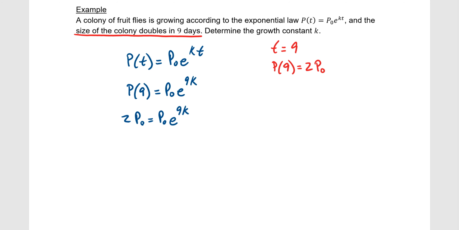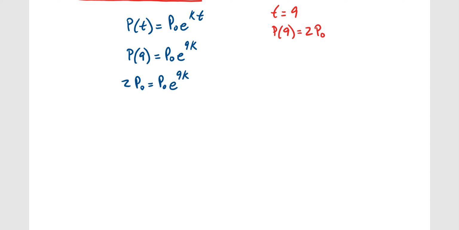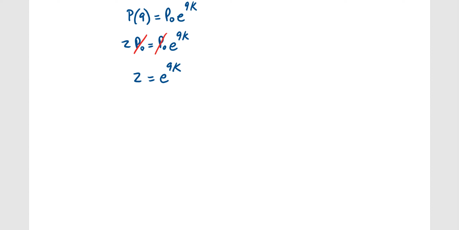We still have an unknown in here, but what we can do is divide both sides by P naught, and they cancel each other off. So we're left with 2 equals e to the 9k. And now we can easily solve for k.